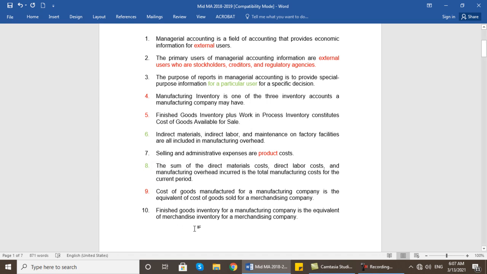Number 10, finished goods inventory for a manufacturing company is the equivalent of merchandising inventory for a merchandising company. It's true.